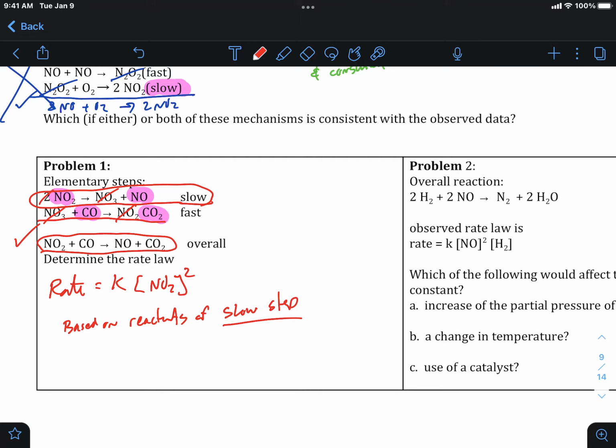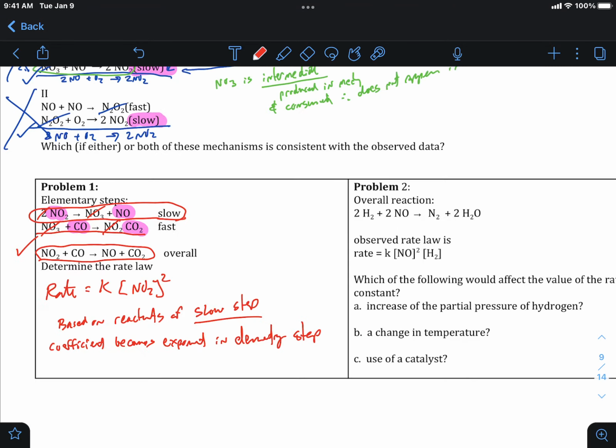And in that elementary step, the coefficient of 2 becomes the exponent. But this is only true in the elementary step. All right, let's look at the second problem.